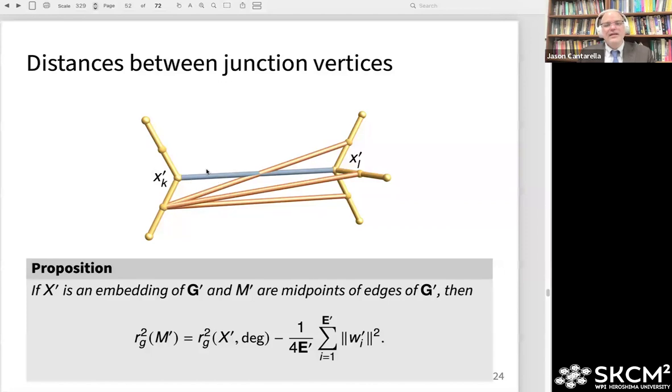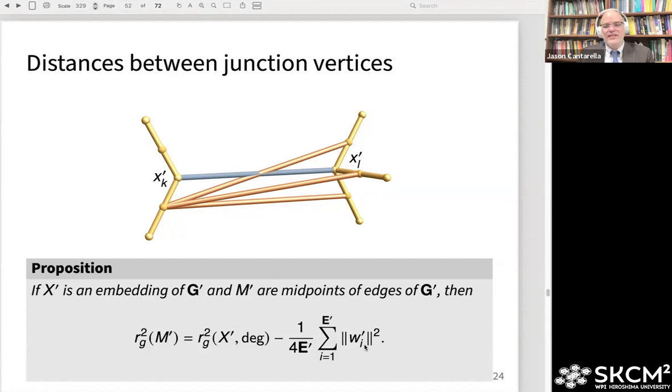In general, the number of times this blue distance contributes is given by the number of edges that meet at x_k prime multiplied by the number of edges that meet at x_l prime. But that's a different radius of gyration. That's the radius of gyration of a weighted point cloud whose points are still at the x_k prime and x_l prime and so on and so forth, but with weights given by the degrees of these vertices.